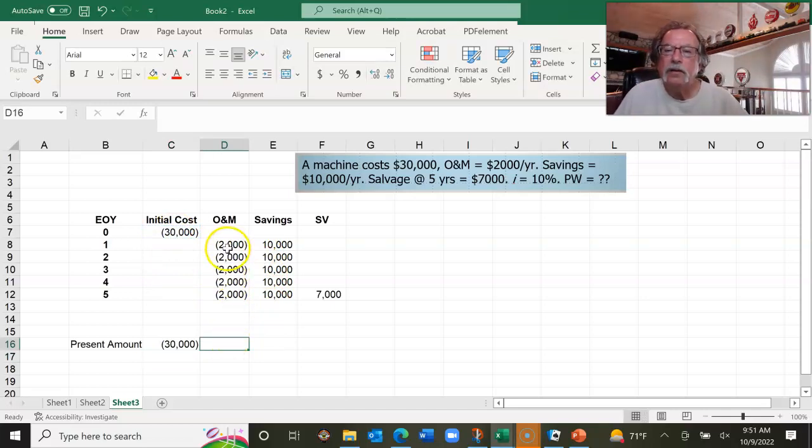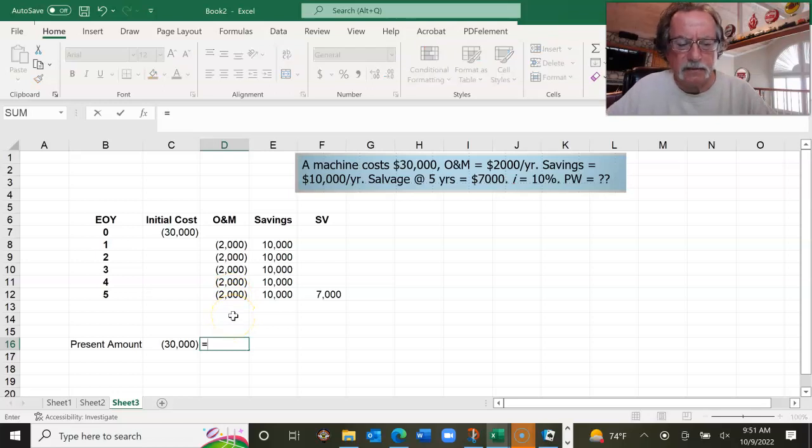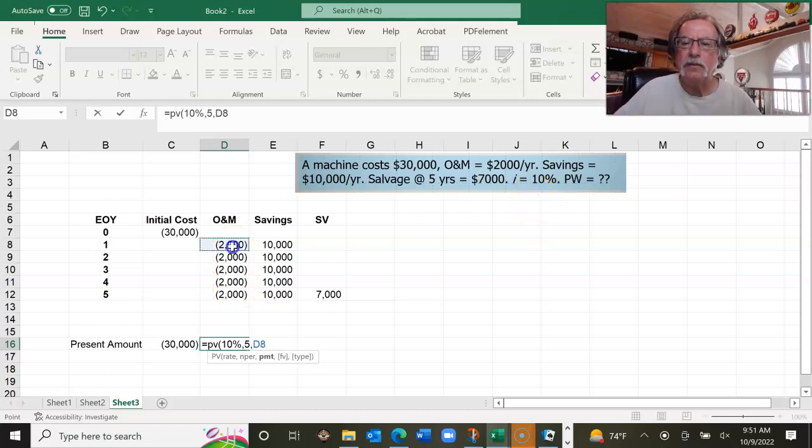In year 0, this series of cash flows, we can do it several different ways. Well, let's use the present value function. And our rate is going to be 10%. Our number of periods is 5. And our payment is going to be $2,000.